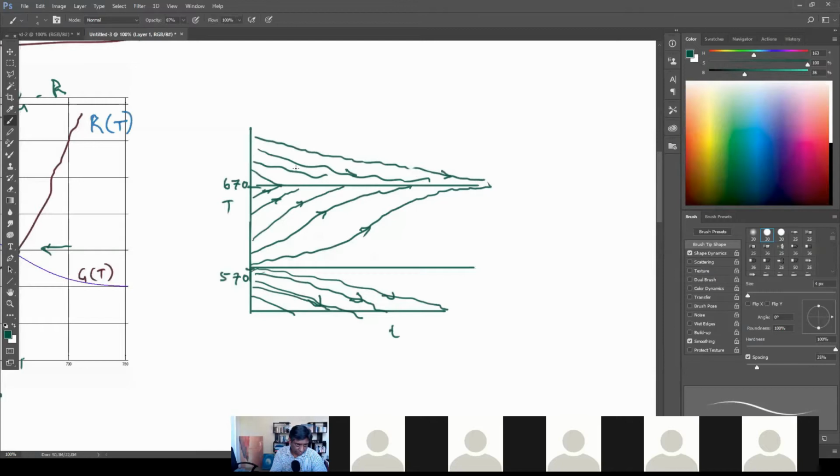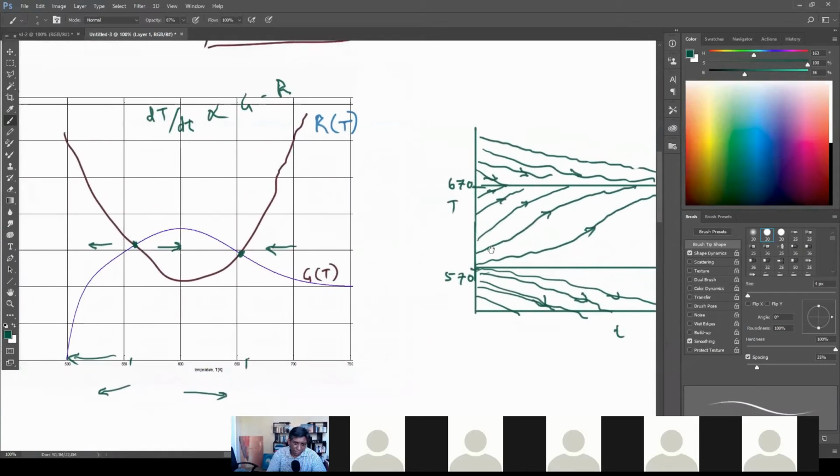Okay, and that's a complete description of everything that's possible in this scenario, right? So that's how you sketch these temperature time curves. A couple of things you could think about, if you wanted to be really precise with this, you could also consider how the distance between these changes.